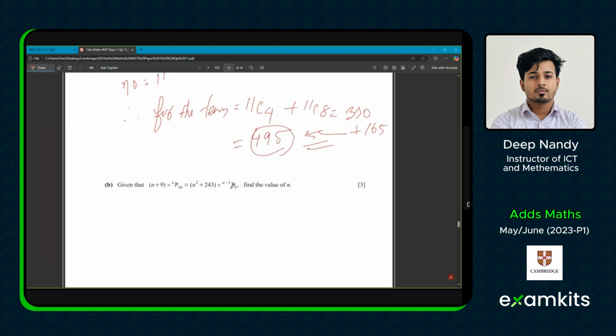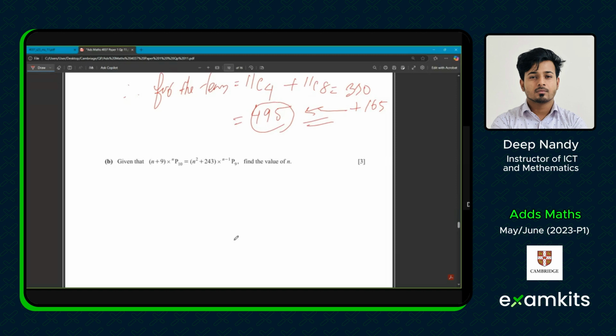Now, given that (n+9)C10 equals n squared plus 243 times (n-1)C9, find the value of n. This is an equation with both sides given, and we need to solve it.